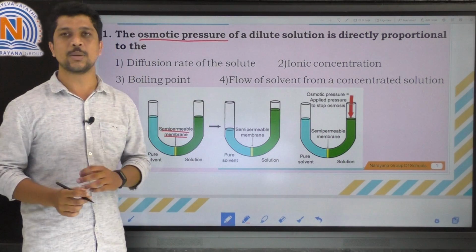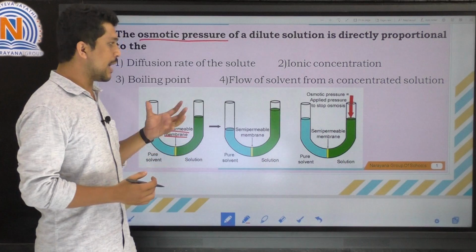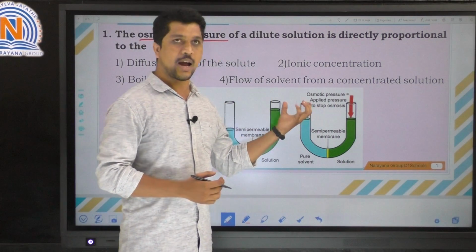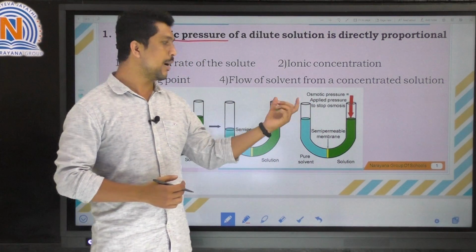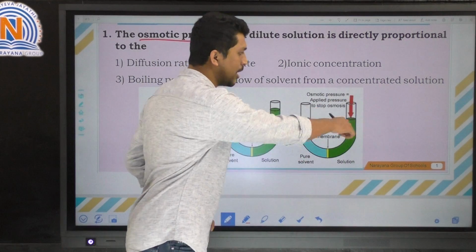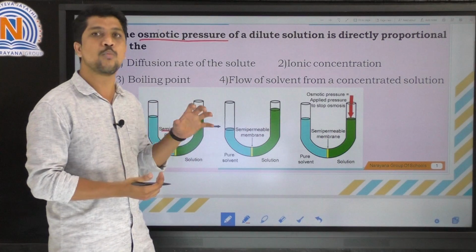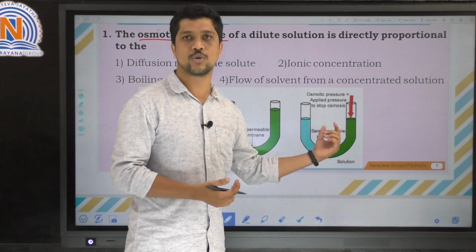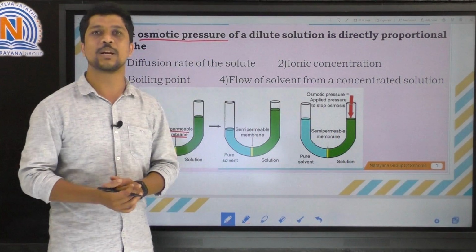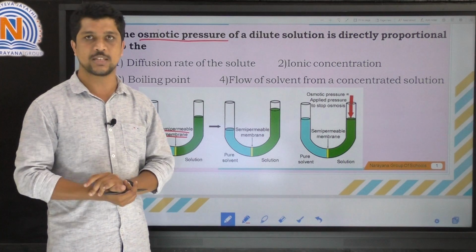The excess of pressure applied on the solution to stop the osmosis process, to stop the movement of the solvent to the solution, is called osmotic pressure.